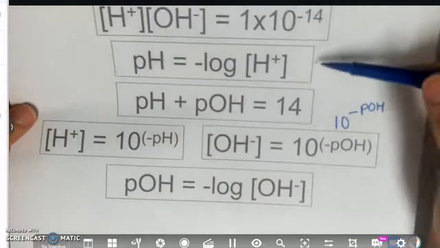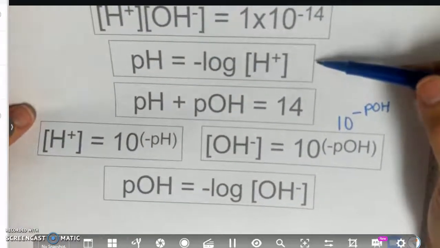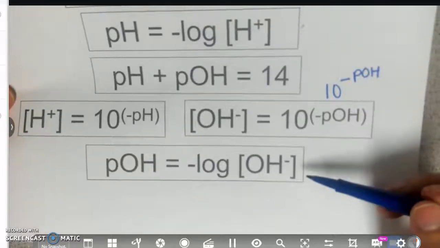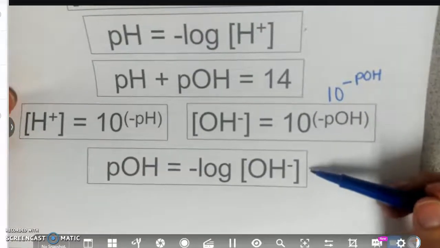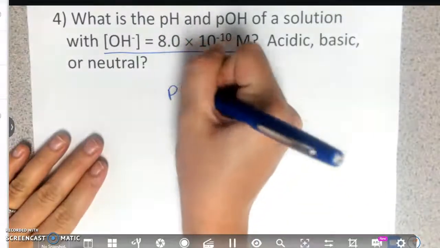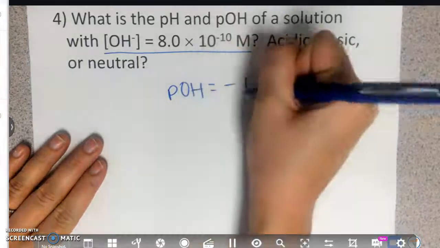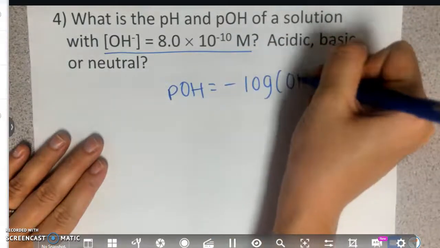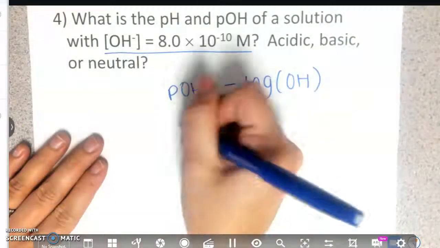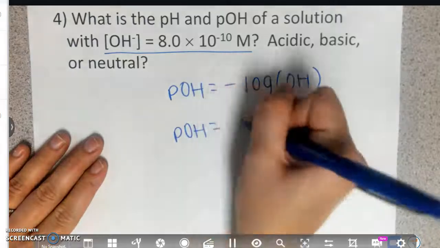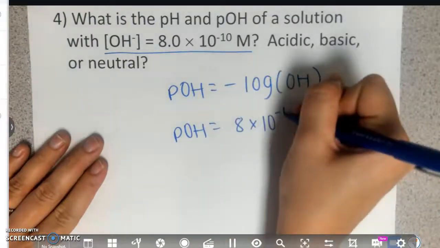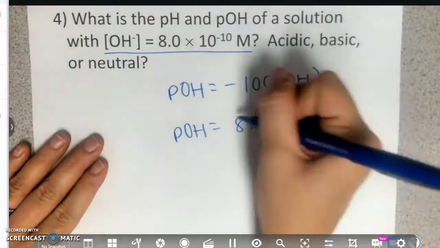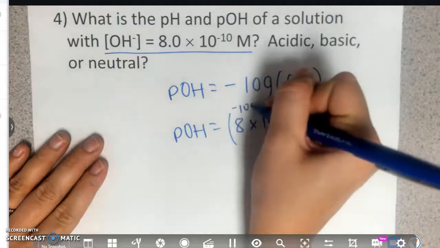So I can't use this formula because I don't have H, but I have OH, so I'm going to use this formula. And pOH equals negative log OH. So we'll plug that in. pOH equals negative log 8 times 10 to the negative 10.